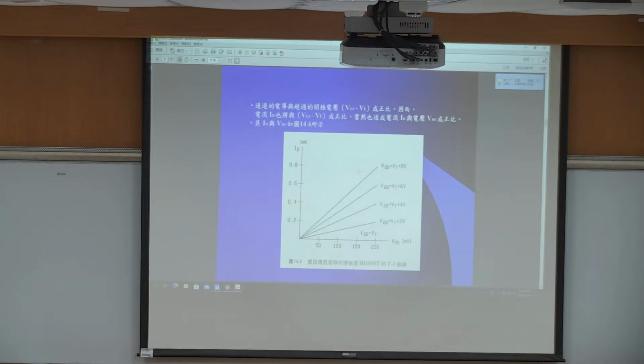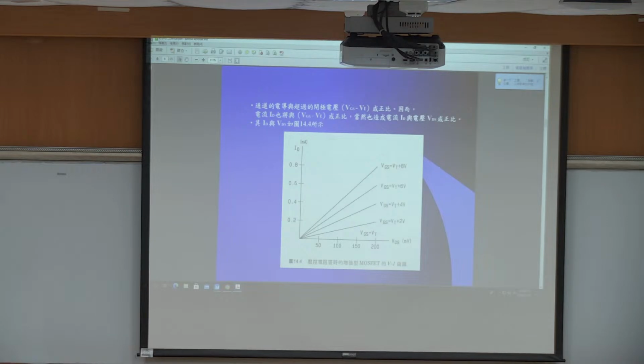In the triode region, the operation region of the device, the conductance of the channel is proportional to VGS minus VT, where VT is the threshold voltage, and the ID current is also proportional to the voltage we add.